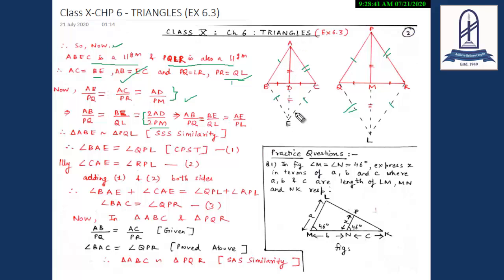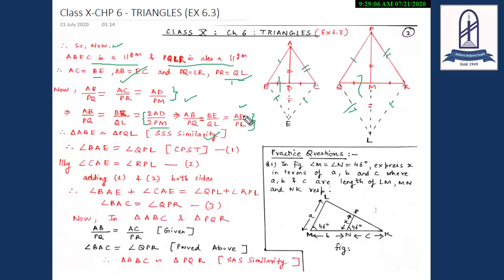So since, students, AD and PM are medians, therefore we get AB upon PQ is equal to BE upon QL, and this is equal to twice of AD, which is AE, and twice of PM, which is PL. So from here, you can clearly see that triangle ABE is similar to triangle PQL, and the reason is by side similarity criteria.